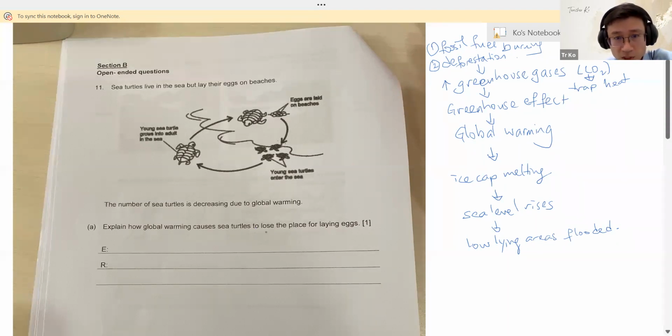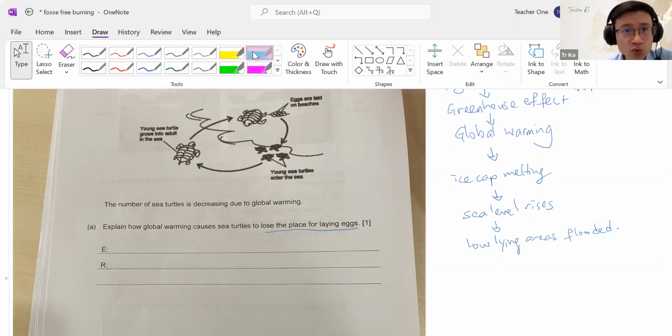They're talking about losing the place for laying eggs. Across this question, we want to pay attention to the words. Now, when we are given a question, maybe before we start, let's do some highlighting.